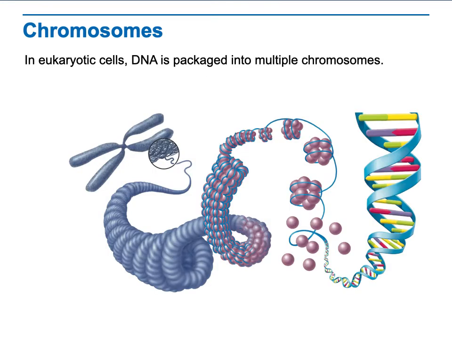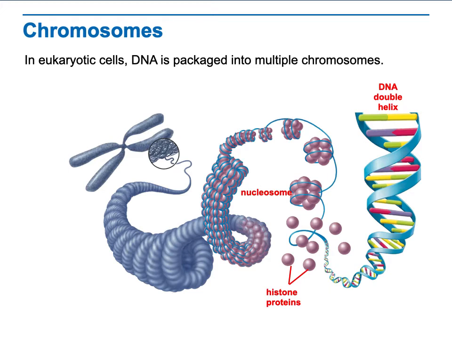In eukaryotic cells, on the other hand, DNA is packaged into multiple chromosomes. The structure of the eukaryotic chromosomes has levels of organization within the chromosome structure, as we can see in this diagram. For example, you have the DNA double helix, then the histone proteins and nucleosomes.